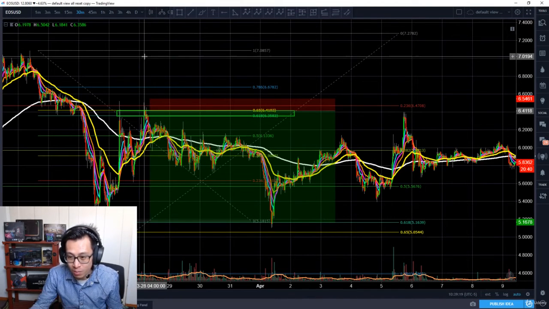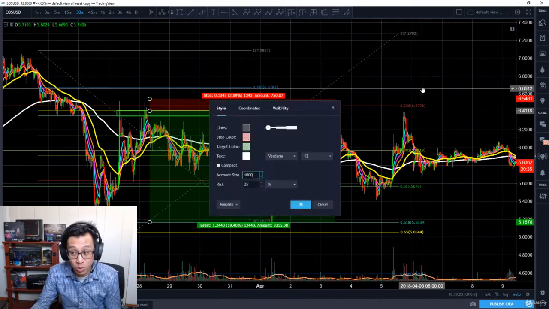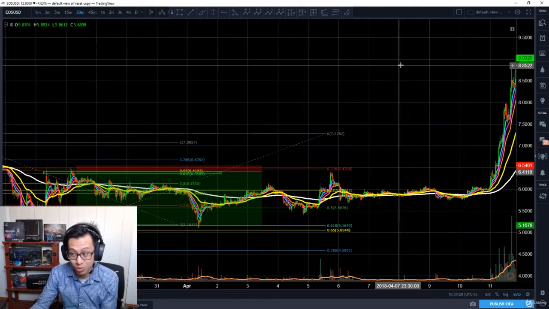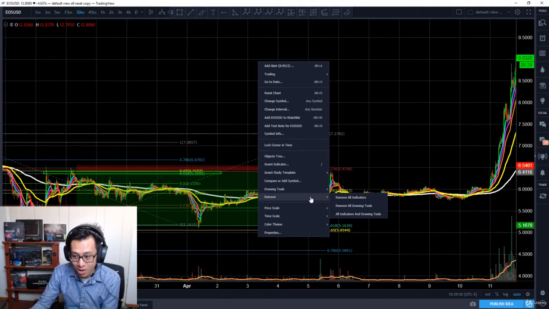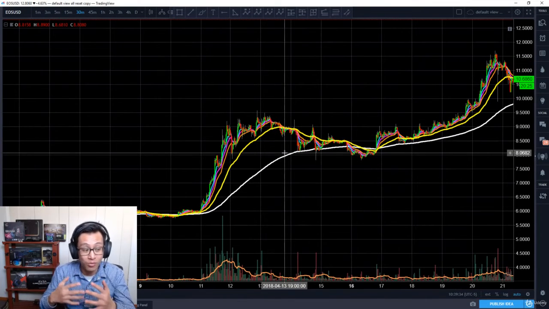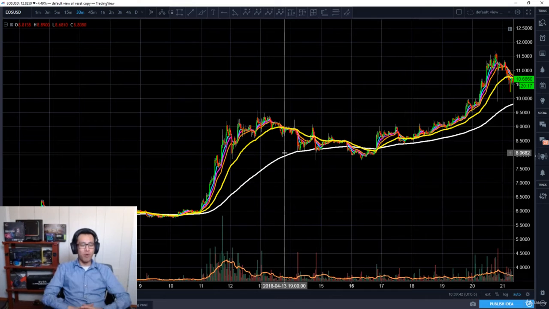So this position could have been played over about 4 days, and you would have made yourself 20% on the short side, guys. That is honestly kind of crazy when you think about it like that, right? So I'm going to cover a lot more information in actual Fibonacci retracement and in the next lesson for Fibonacci extensions, because it's really difficult to learn about Fibonacci retracements without also understanding Fibonacci extensions.